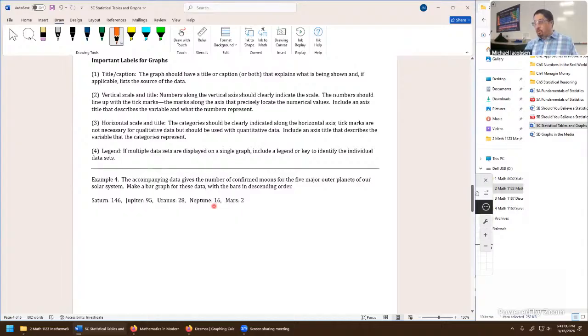Looking into this data a little bit more carefully and our definitions, I was thinking qualitative in some weird sense, but Saturn telling us we have a count of 146 moons, Jupiter 95 moons, and so on down the line, tells us by those definitions above, this is quantitative. Probably didn't drink enough coffee today. Sorry about the distraction on this one. This is quantitative.